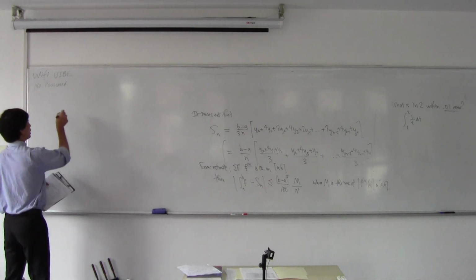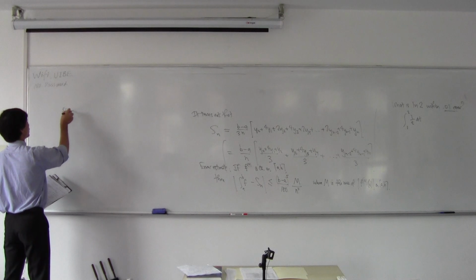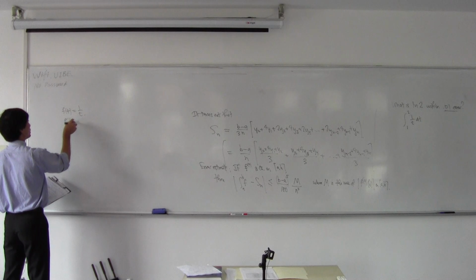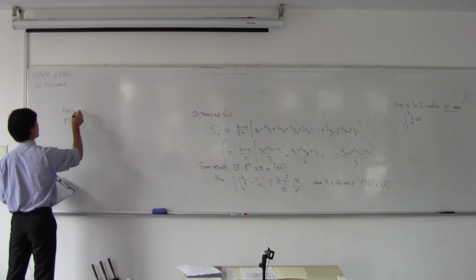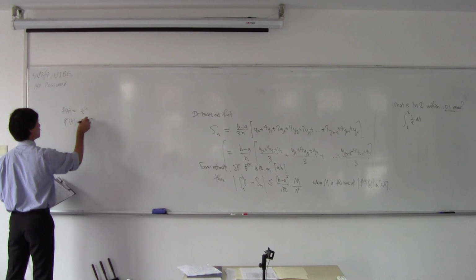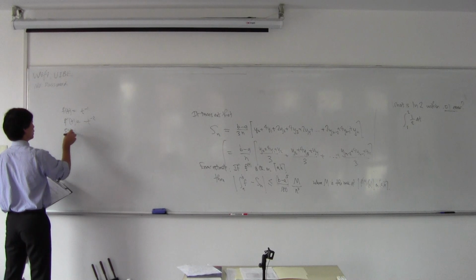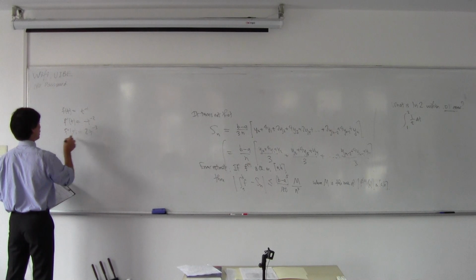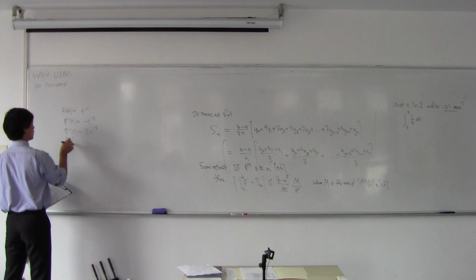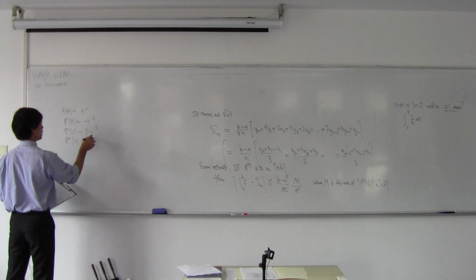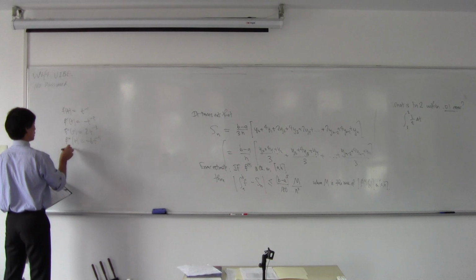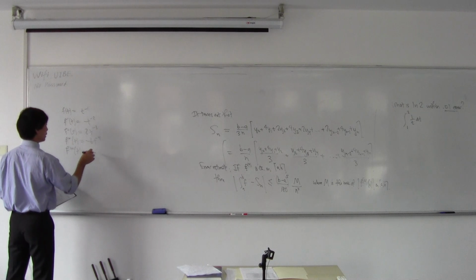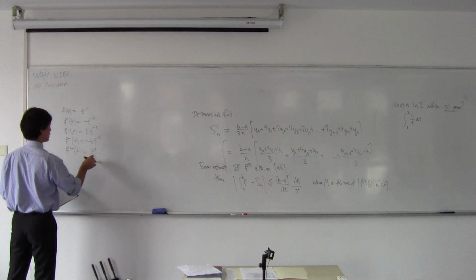You'd say, well, my function is 1 over t. If I take the derivatives, t to the negative 1, I get negative t to the negative 2, then 2 t to the negative 3, then negative 6 t to the negative 4, and I get 24 over t to the 5th.